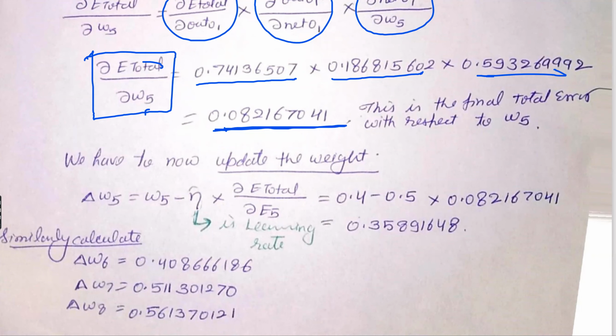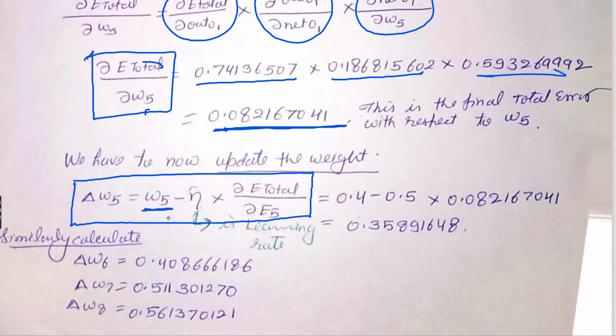How will we update the value of W5? With the help of this formula. In this formula, the older value of W5 minus eta, where eta is the learning rate, times the value that we have just calculated, the partial differentiation of E total with respect to W5. The older value of W5 was 0.4, minus eta times this value we have calculated.